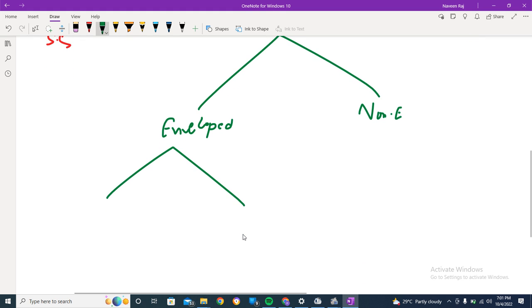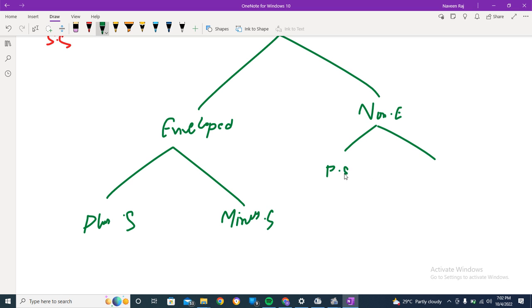We have plus stranded, and minus stranded. In non-enveloped we also have two types, the same: plus stranded and minus stranded.